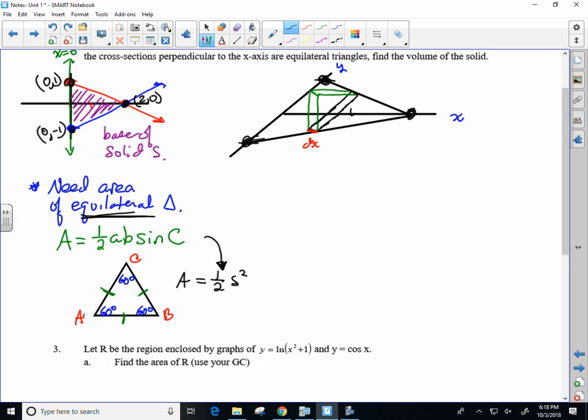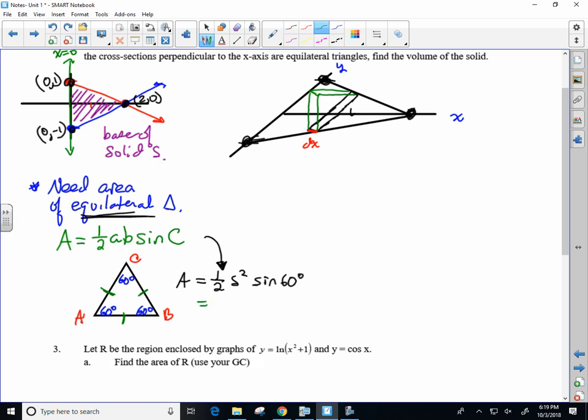Because if there are 2 sides that are exactly the same, if I multiply them together, that'd be the same as saying S times S. I could say A times A, I could say B times B, it doesn't matter. I'm just saying some side S, I'm going to square it, times the sine of the angle, which is 60 degrees.